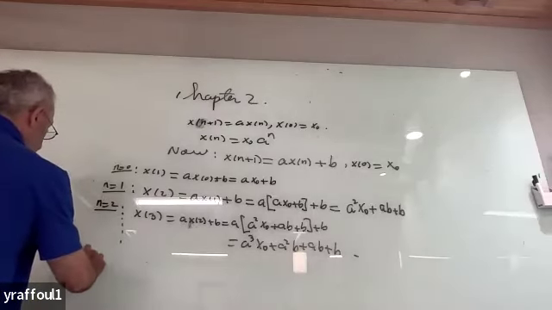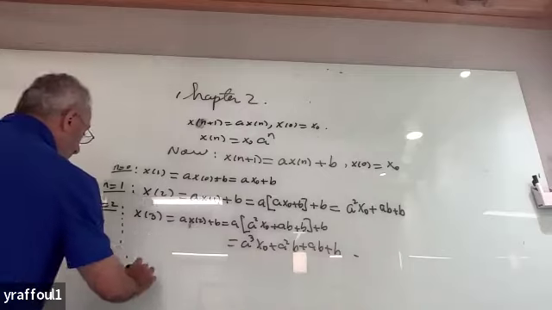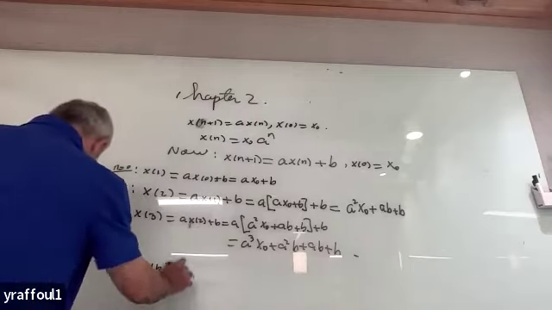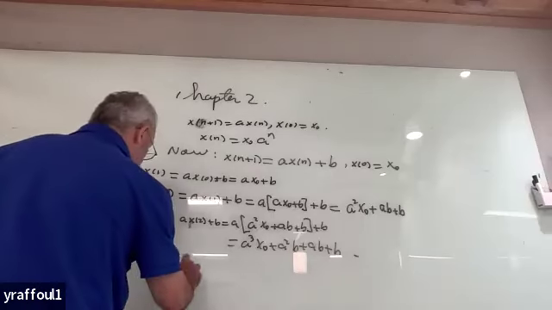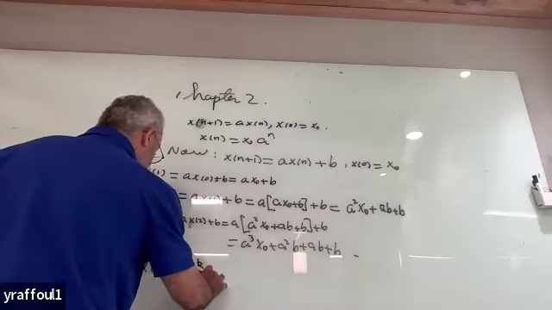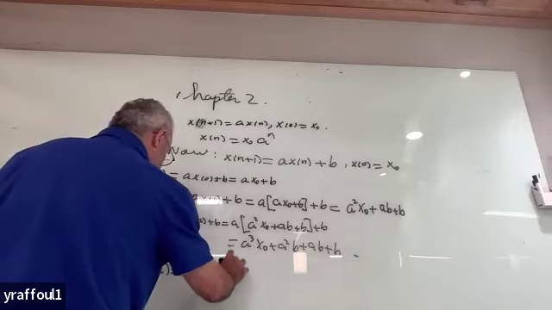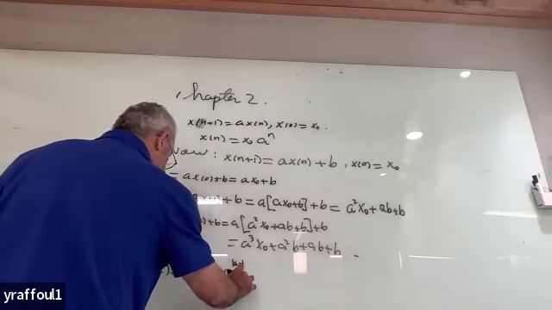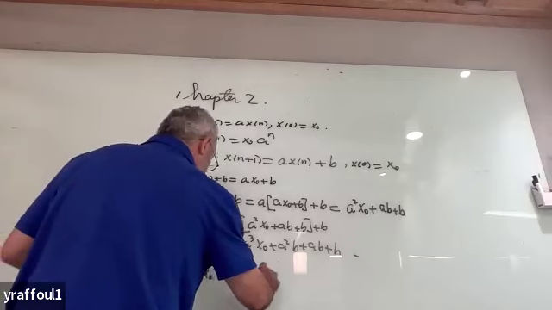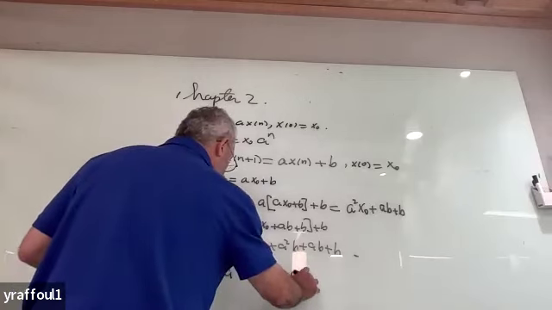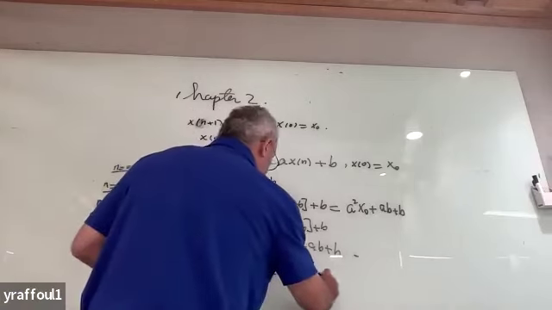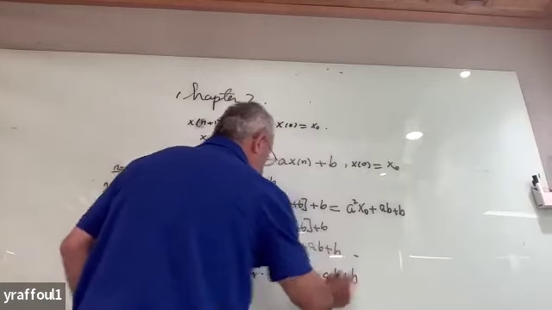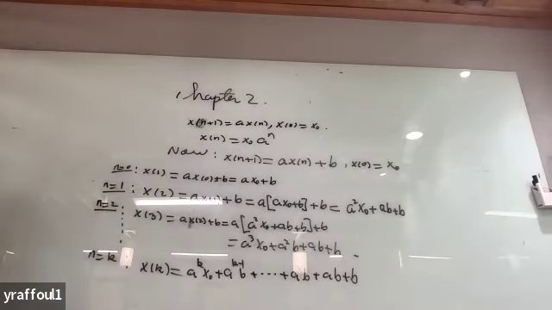Continue like this. For n equal k, we get xk is a to the k x naught plus a to the k minus 1 b plus a squared b plus ab plus b. We're always going to have a b.